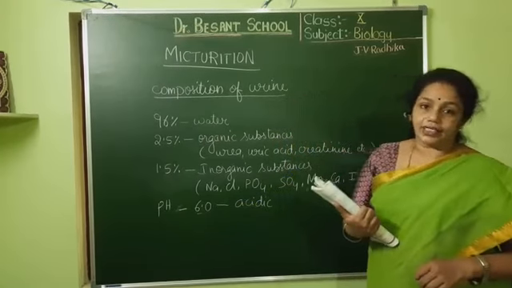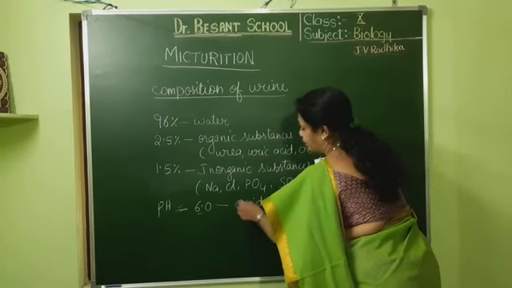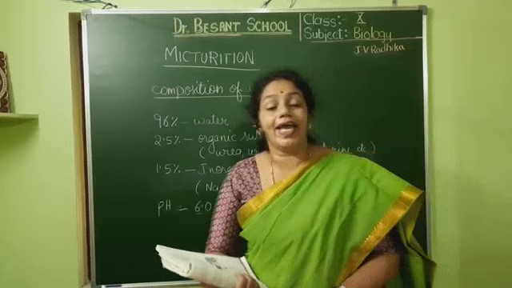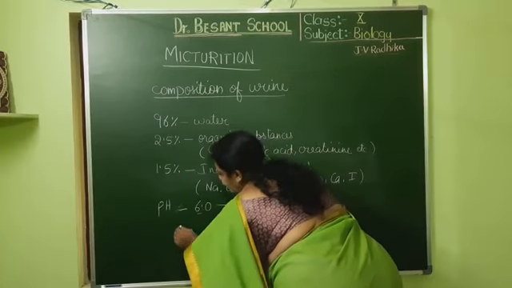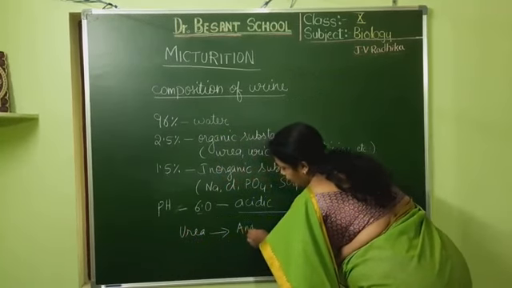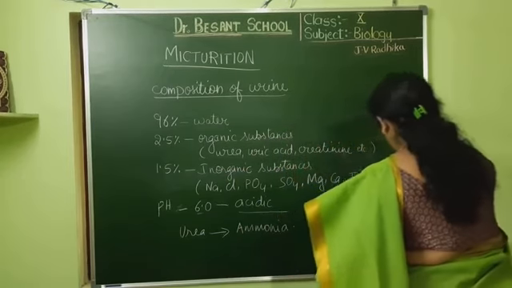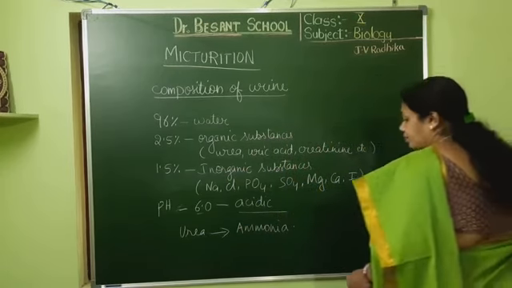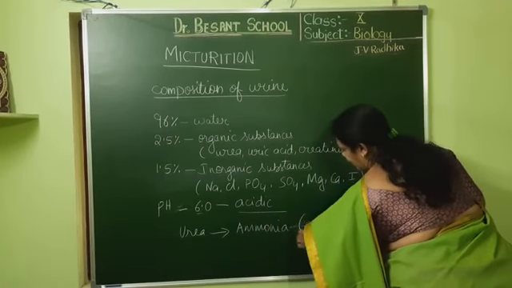Now, if the urine remains outside exposed to the air, then the urea is converted into ammonia. Understood? Then it tends to become alkaline.